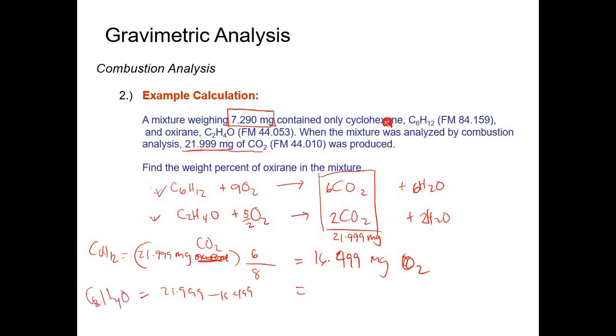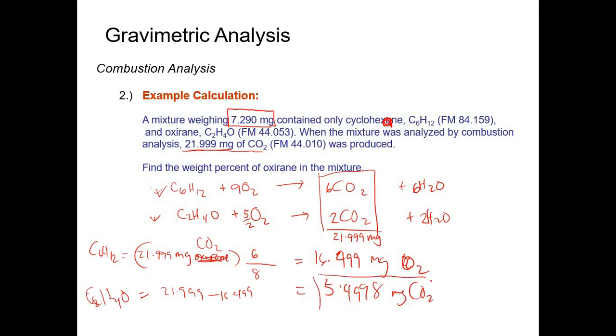So the amount of CO2 that came from oxirane is 21.999 minus 16.499, that's 5.4998 milligrams of CO2.